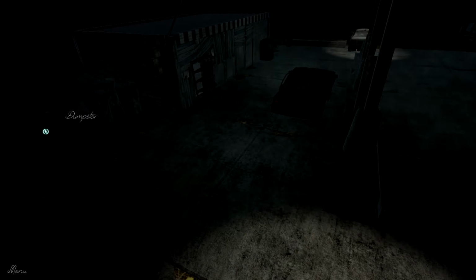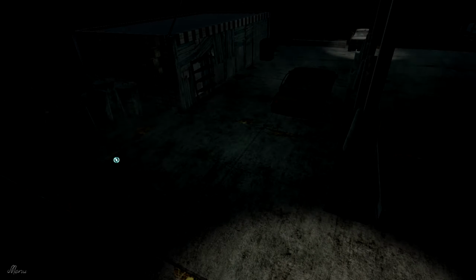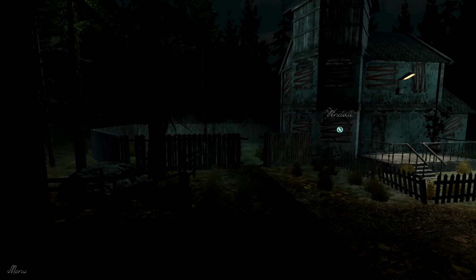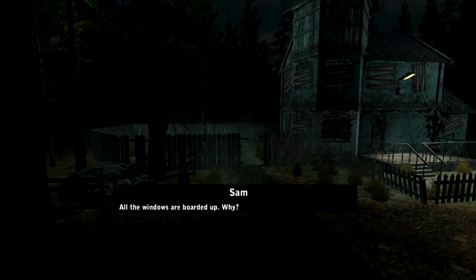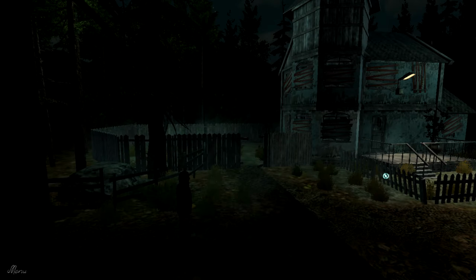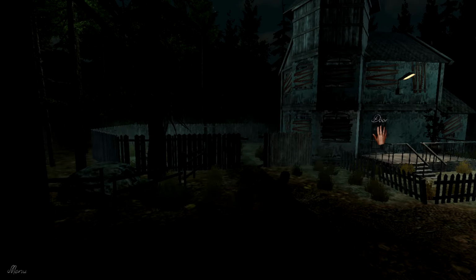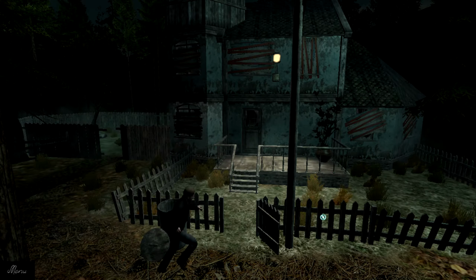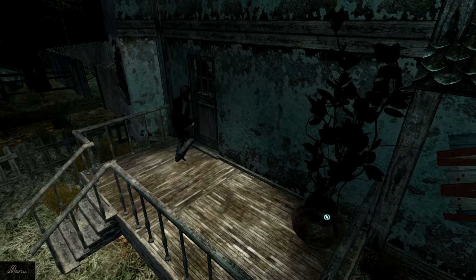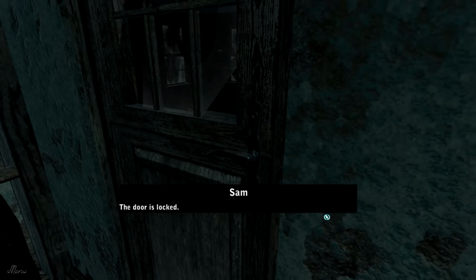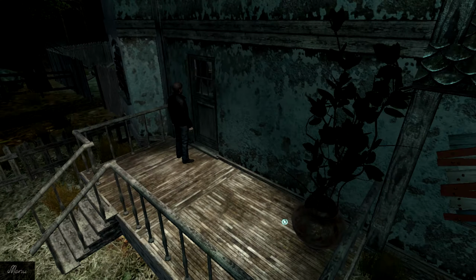You order Sam to walk around, you click on objects to interact with them or examine them, you pick up items to use on other items or to use on objects within the environment, and you advance on a screen-by-screen basis. This game does have a fixed camera angle, and that can be an issue from time to time, but I'll get back to that later.